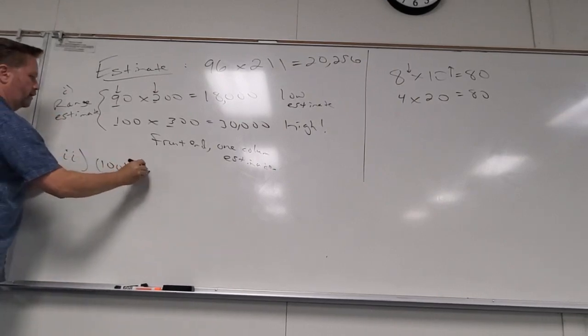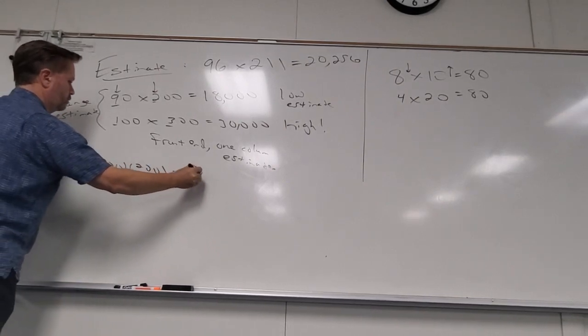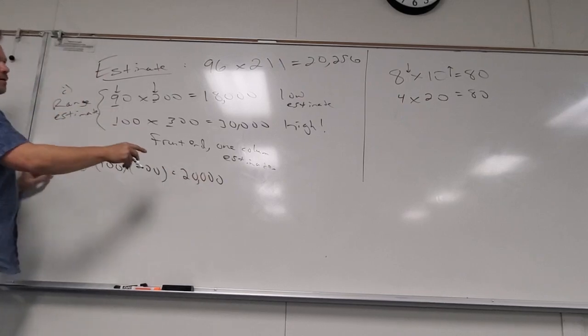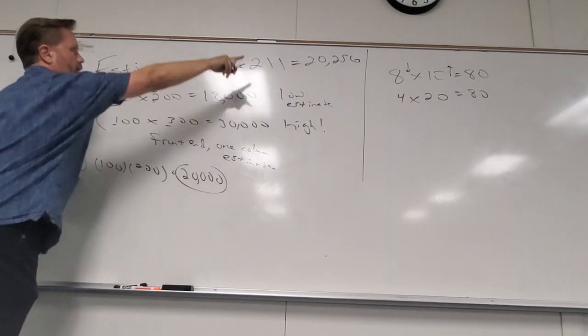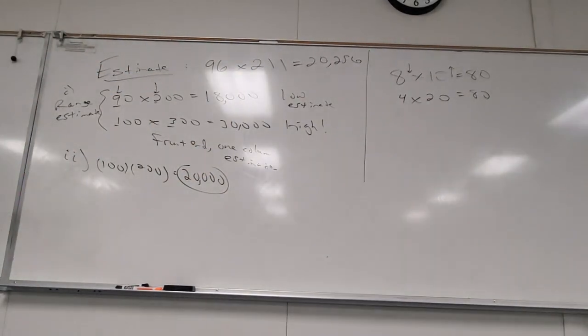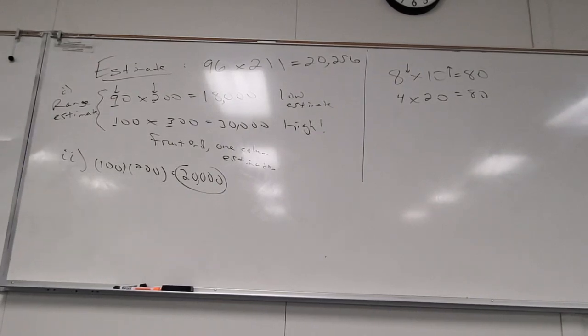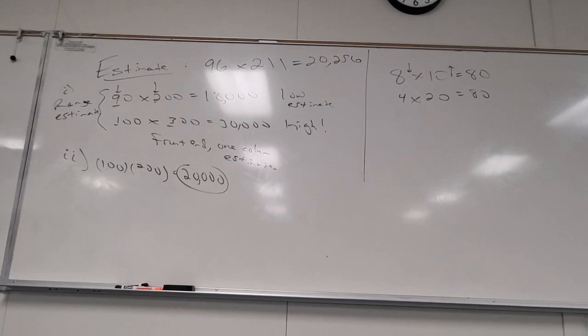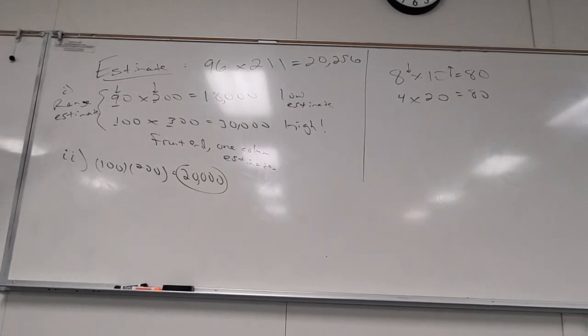So if I make them both kind of nice whole numbers, that'll be 220,000, which is the closest we got to the actual answer. Does that make sense? And of course it makes sense, right? Instead of just forcing both down or both up, I kind of do this, then the multiplication should come out closer.